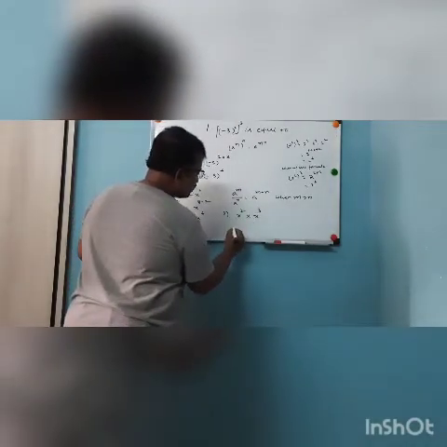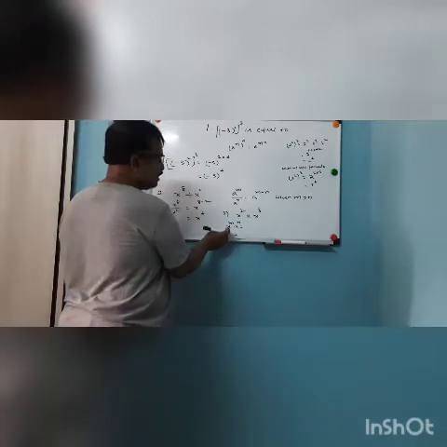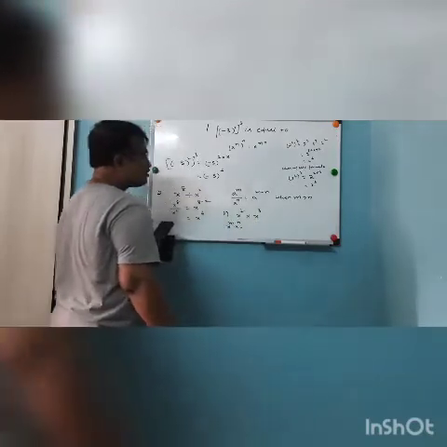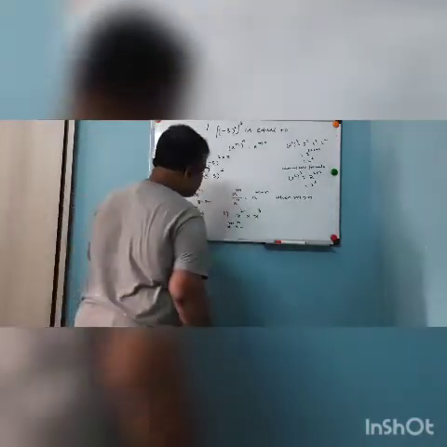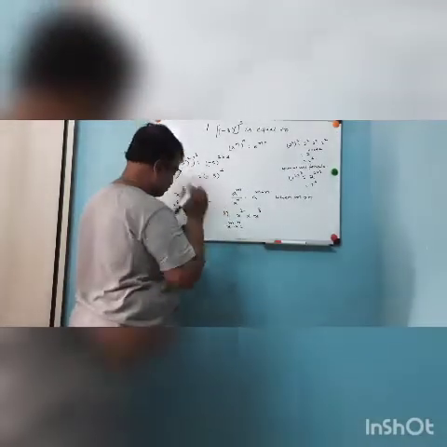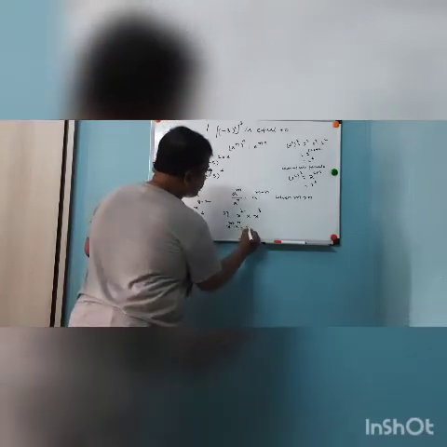Here we are going to use another exponential law: x power m into x power n. If the bases are equal when we are multiplying, then the product has the same base and the exponents are added. So x power m plus n.